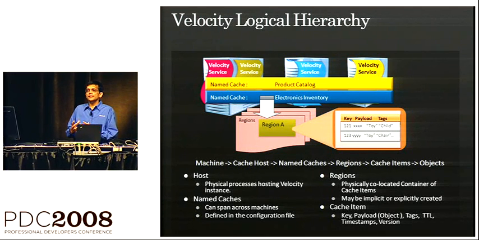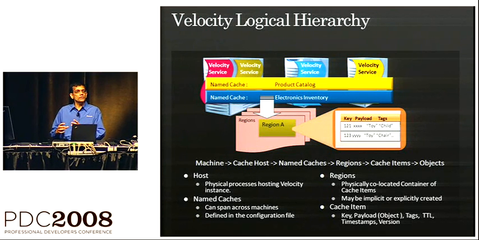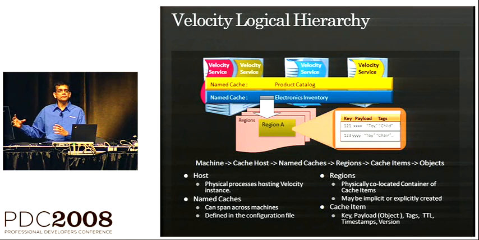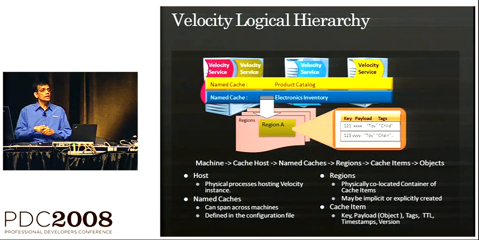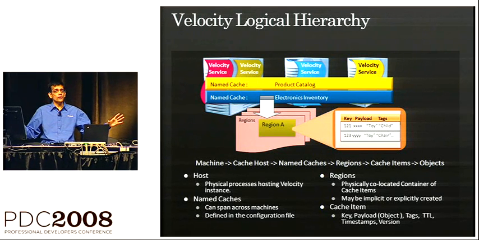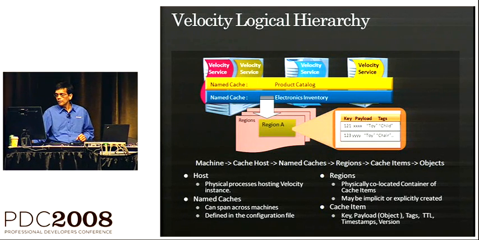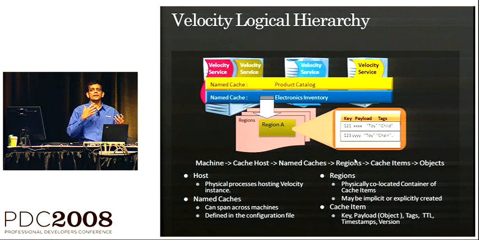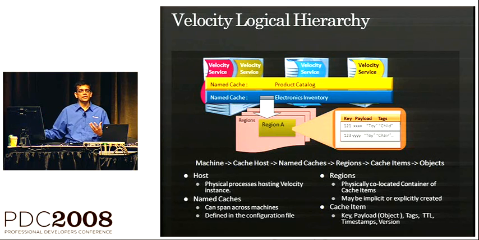The only thing we guarantee is that if you put items within a region, we will co-locate them on a machine. You don't have to use regions. You can just put the keys and values, which means the keys will get distributed across the cluster. And within the region, finally, you have a cache item, which itself is a key and values and tags, payloads, et cetera. So this is the logical hierarchy of Velocity.